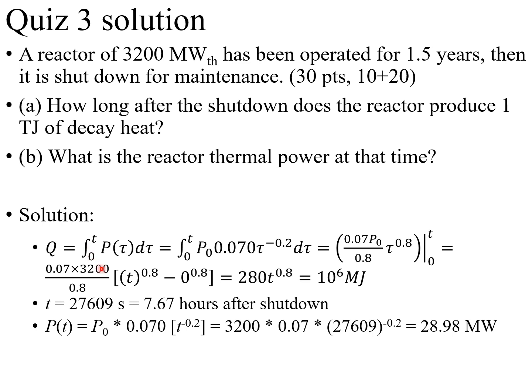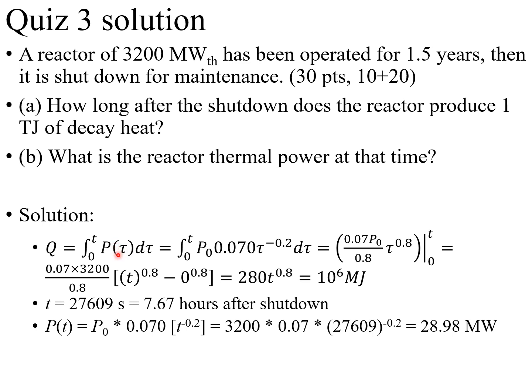Then we can use the simplified formula. We have Q, the total heat produced, which is 1 terajoule, equal to the integration of power. Power times the duration of time gives you the heat. In this case, the power is a function of time, therefore we need to perform the integration.